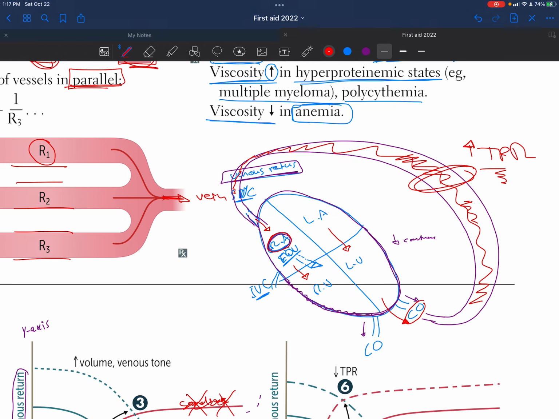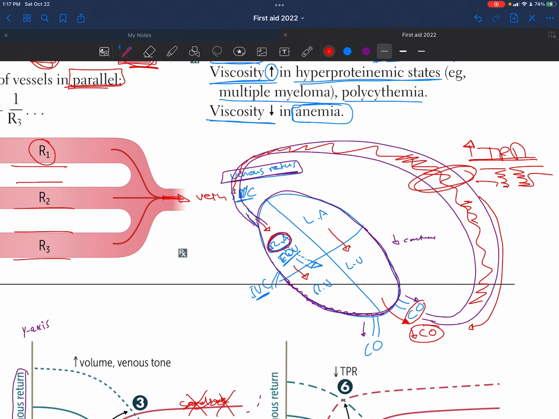If it increases over here, there is an area of oxygen and nutrient exchange, and its total peripheral resistance increases. That means the heart needs to pump harder to get through that total peripheral resistance, and that means the cardiac output reduces, because the total peripheral resistance is attached to the aorta, and the aorta is attached to the heart.